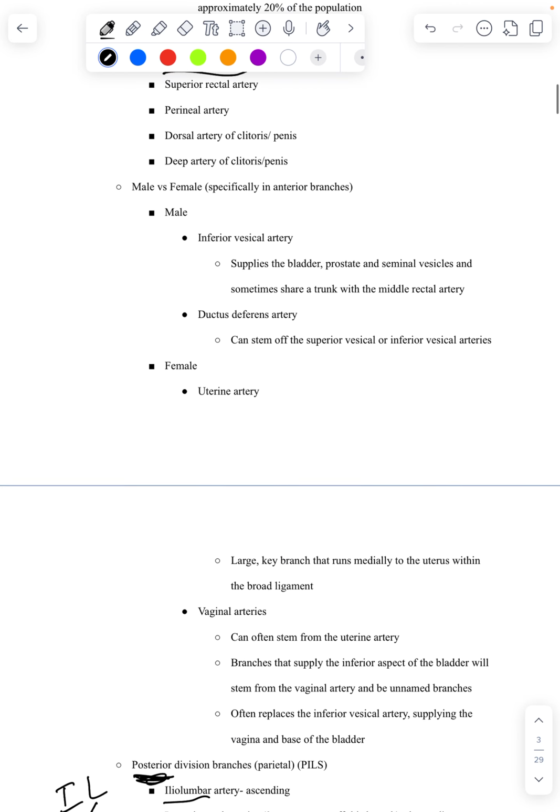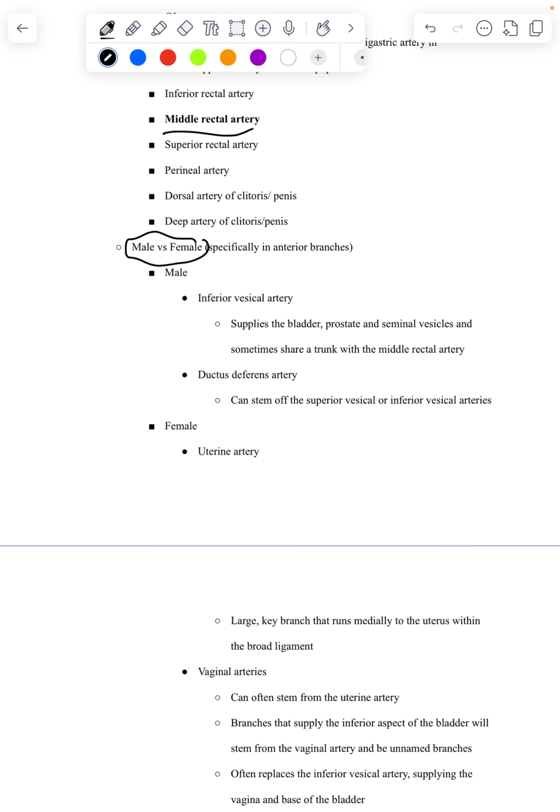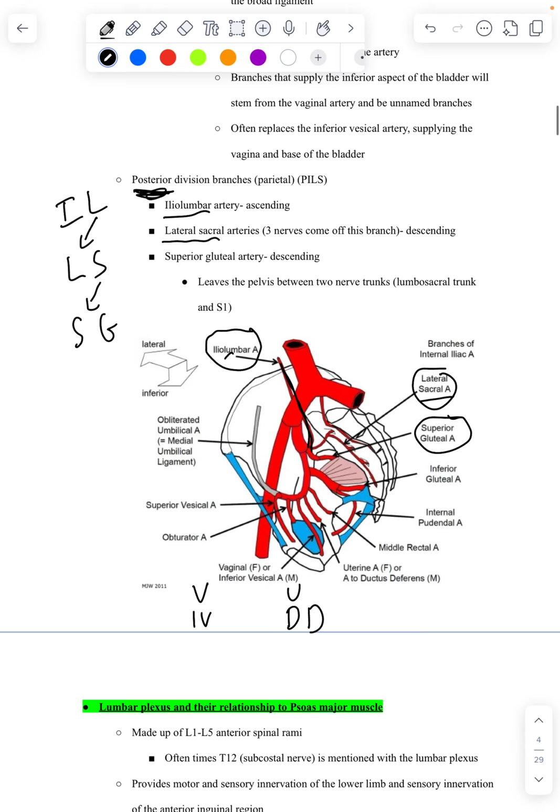And then the difference between the male and female ones. If you think about the pelvis, let's say in a female, for example, the first thing you'll have most anteriorly is your bladder. Behind your bladder, you'll have the uterus in females, and then behind that, you'll have the rectum.